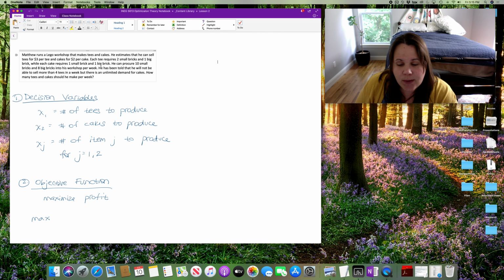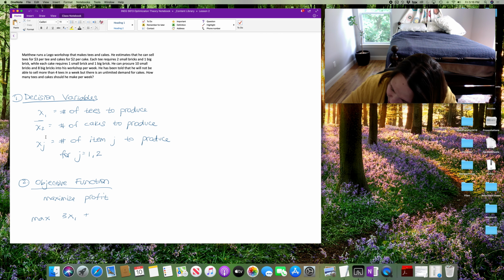We know we make revenue $3 per tea produced, and so we know x1 is our number of teas produced, and so we're going to maximize 3x1. We also get money for cakes produced, so we get $2 per cake produced. x2 is our number of cakes produced, and so this is plus 2x2. Okay, there's our objective function.